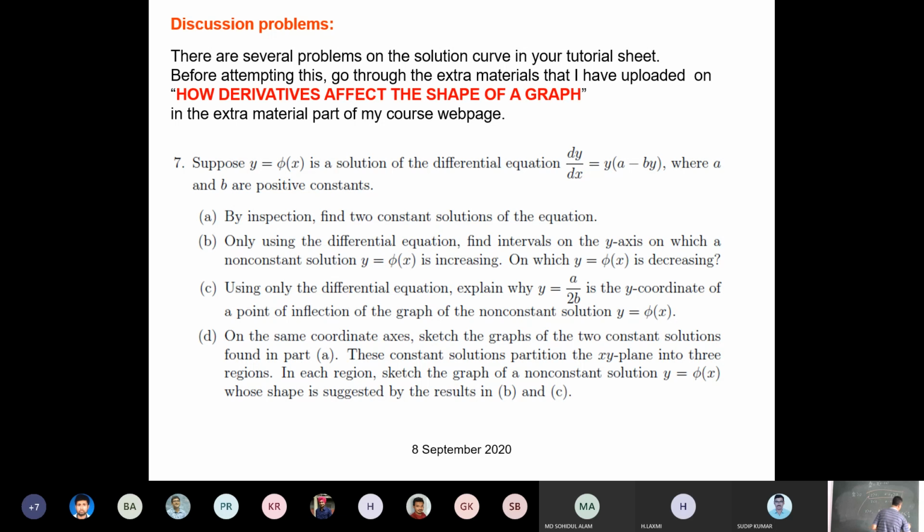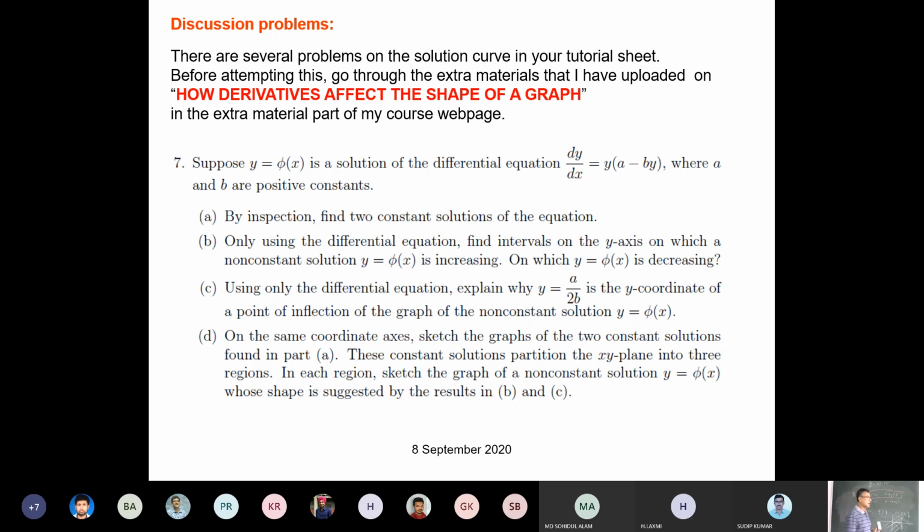See, suppose this is the y line, and of course we have been given that both a and b are positive. So this is 0, and suppose somewhere this is a by b. The first one gives me y greater than 0, so it gives me this part. The second one gives me y less than a by b. If I take their common intersection, it is simply going to give me this interval. Is it okay?